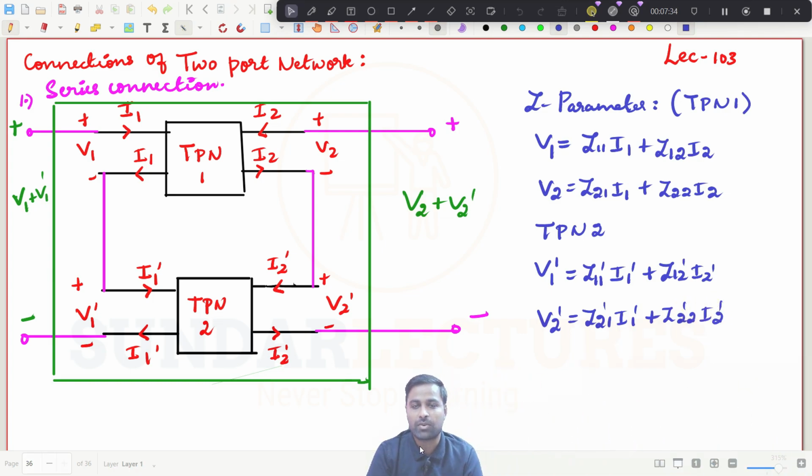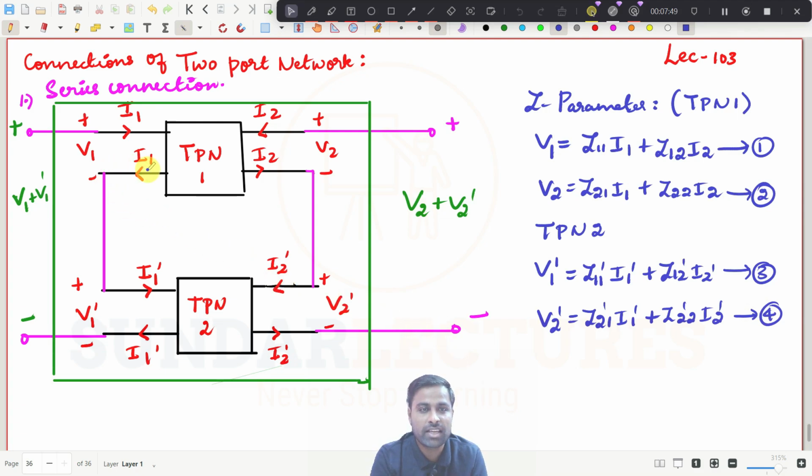So this is the equation now. Try to understand. Now make this equation 1, this 2, this 3, and this 4. And now one thing, see here, what is the current here? I1 is coming in, and I1 dash is going here.